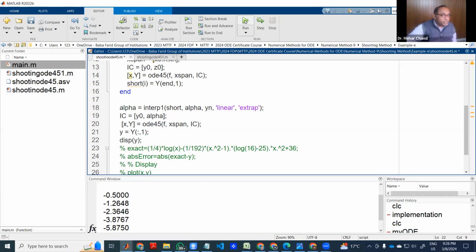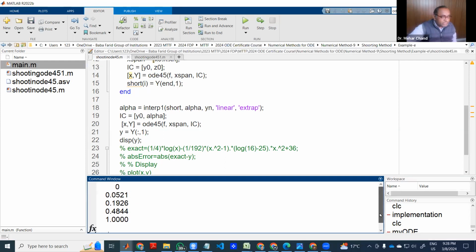Now when you run, you can see this is the last value, and this is the first value of Y, and these are the intermediate values.